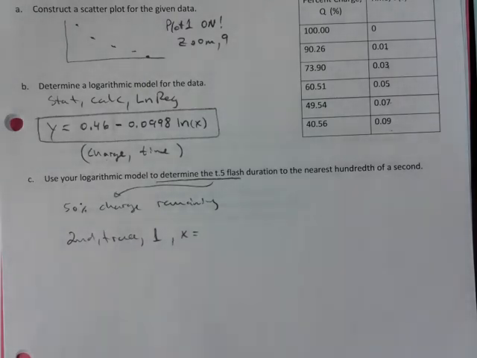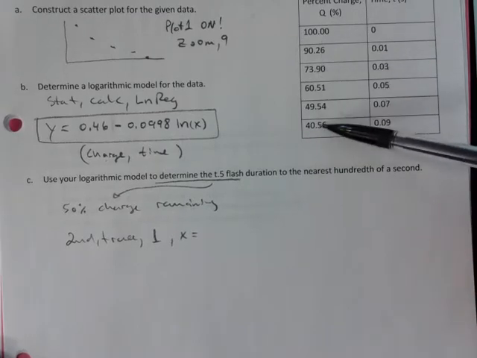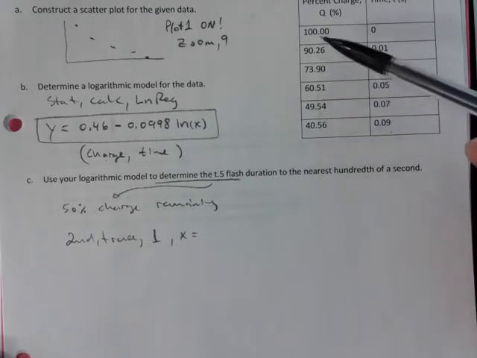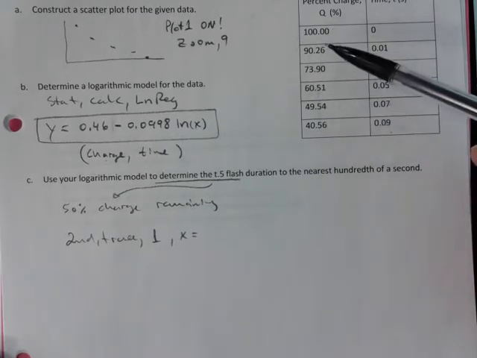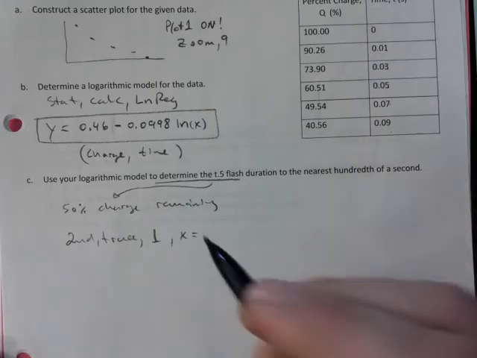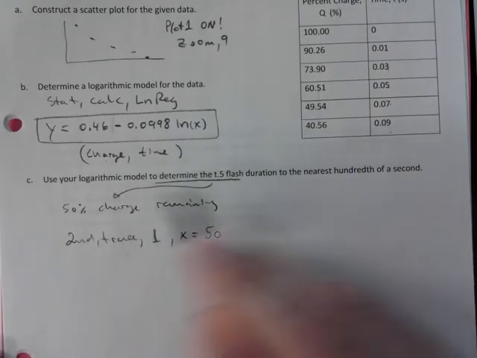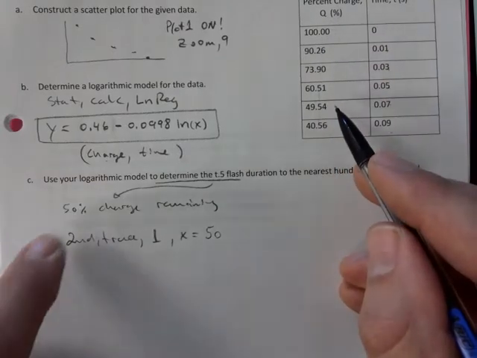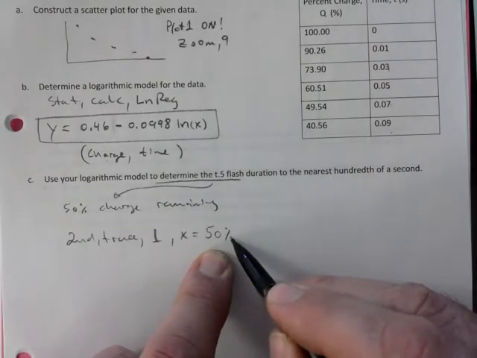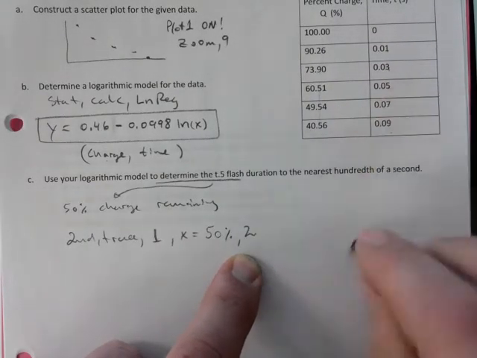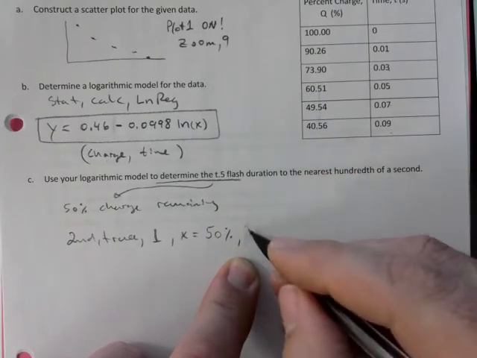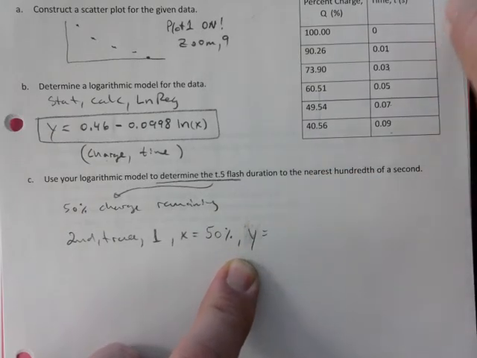That's the big question here. You're told that when it's a percent, turn it into a decimal, but how did you enter it? You entered it as a percent. You did not turn these into decimals. So you need to enter it exactly the way you entered it before, so be consistent. So 50, and y is equal to, we're going to figure out how long that would take.